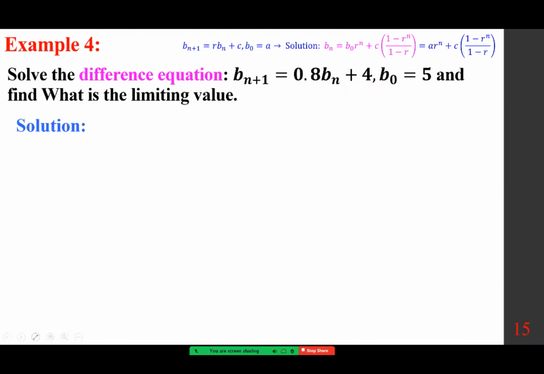So we are going to compare this to this, and we are going to write, clearly b sub 0 or a is 5. So that one is given. Now, when I compare this to this, r is 0.8, lowercase c, the constant is 4.